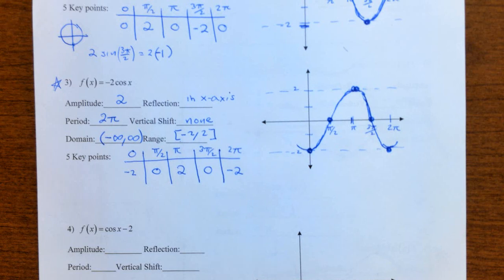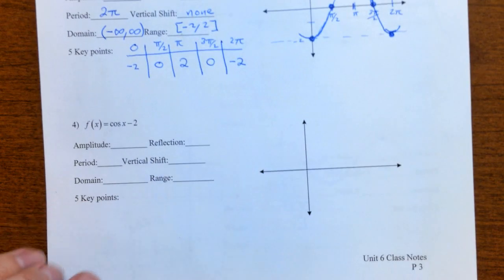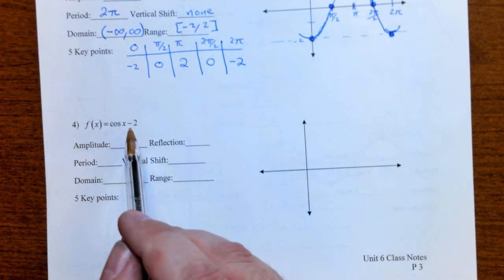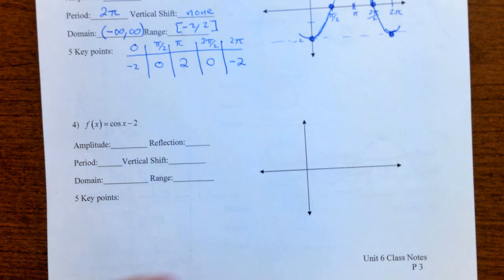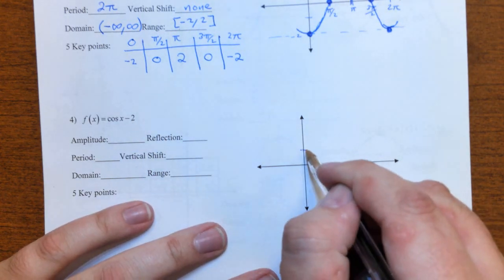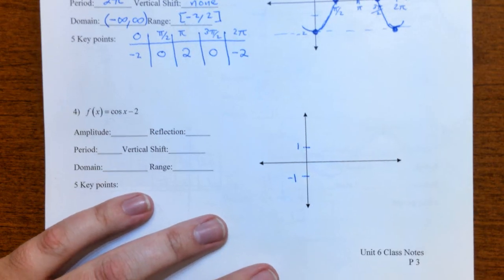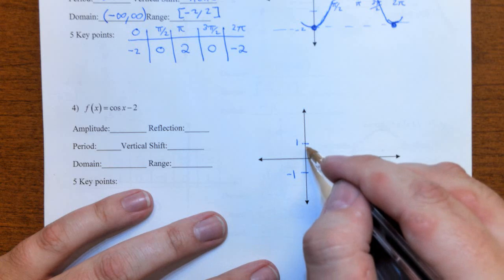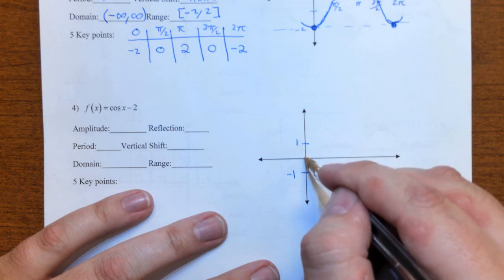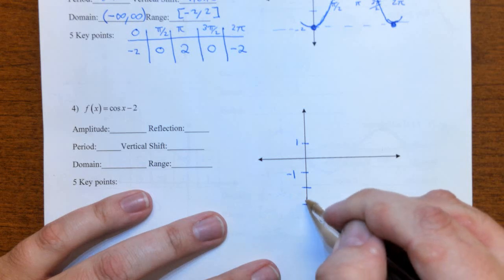So, if we move ahead, if I shift something vertically, what's going to happen is, here I'm going down 2. So like in this example, normally the cosine would go between 1 and -1. If I go down 2 units, 1 goes down to -1, -1 will go down to -3.